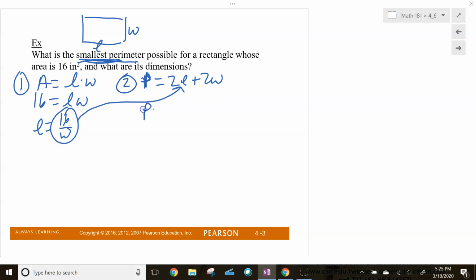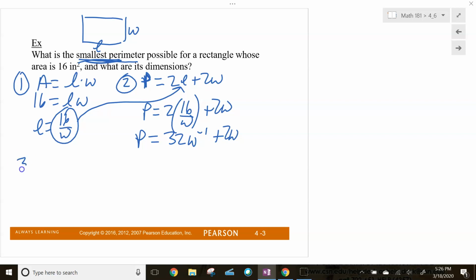Then I'll have my perimeter just in terms of width. So my perimeter is 32 over W, or 32W to the negative 1, plus 2W. And this is what I'm trying to minimize. So I'm going to take the derivative of the perimeter with respect to the width and set it equal to 0 to find the value of that width that minimizes our perimeter.